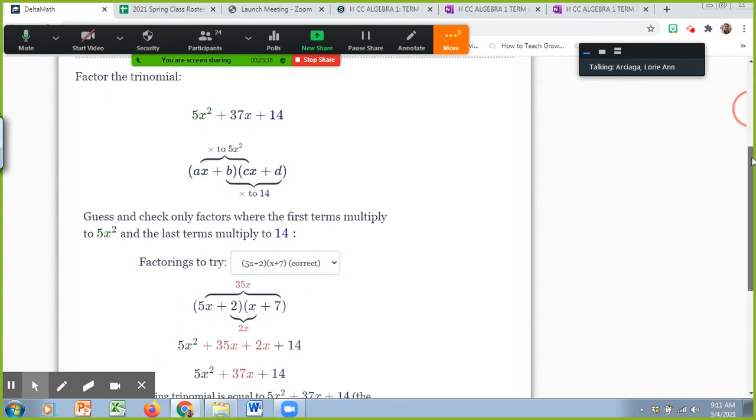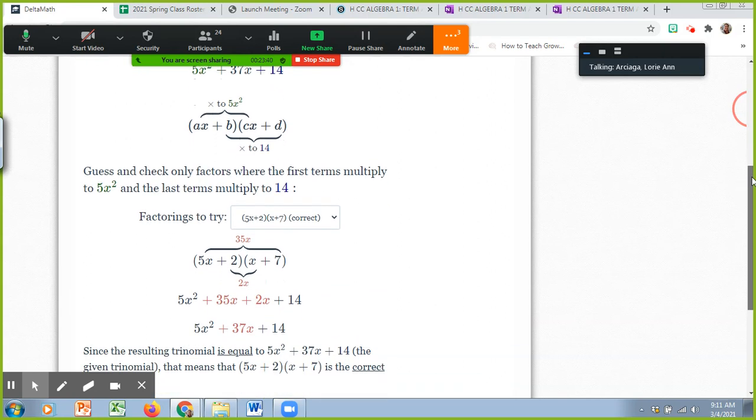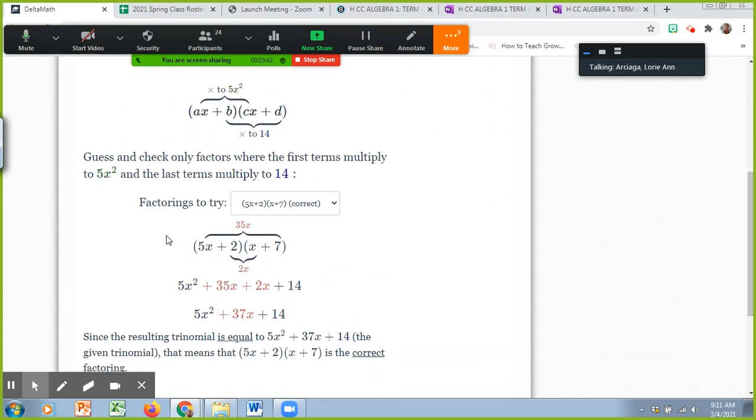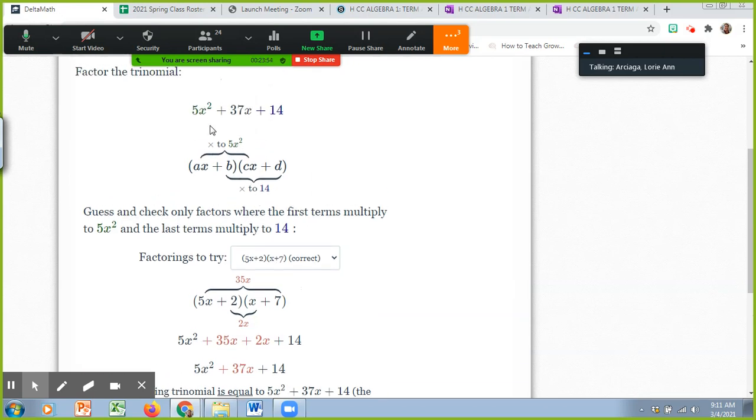Now I wanted to do this with you with Delta Math because Delta Math shows you another possibility of doing it. So this is like a fancier version of the trial and error that I showed you earlier. Just break down your 5x squared into 5x and x, and then check the middle term if it's going to equal 37x, right?